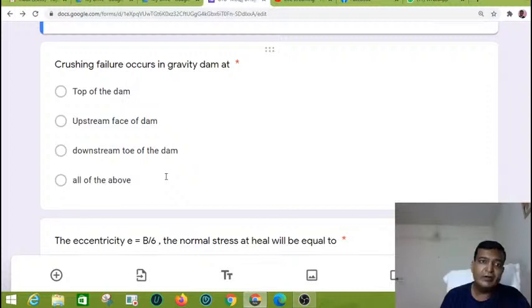And all of the above cannot be possible, because crushing failure might be occurring at some place, not everywhere. So put up your opinion over here. Crushing failure occurs in the gravity dam at downstream toe of the dam. Yes, very good. Right answer.